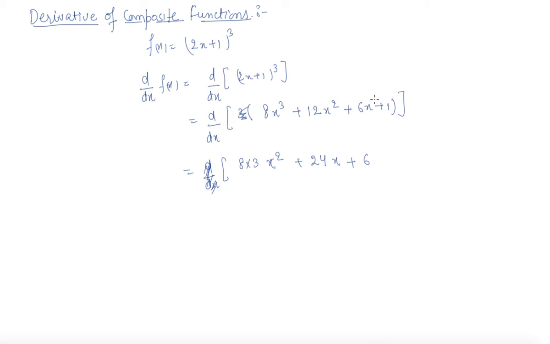Then 6 into 1 is 6, and the power is decreased by 1, so x to the power 0 is 1 here. So the derivative of this function is 24x square plus 24x plus 6.